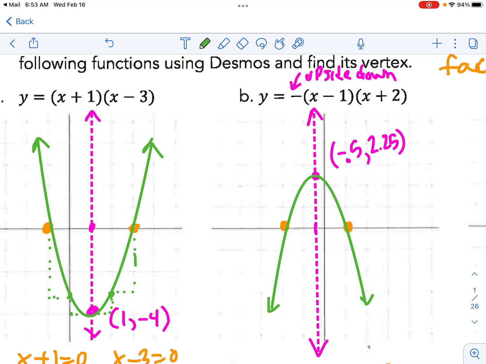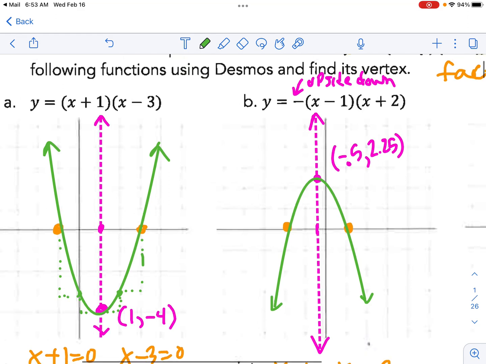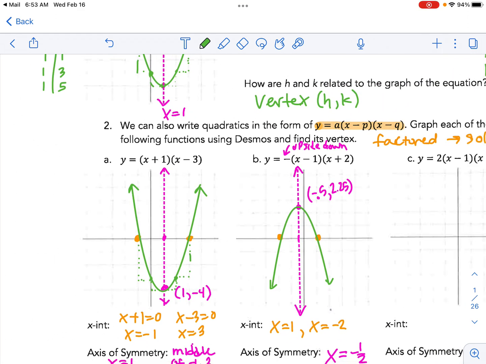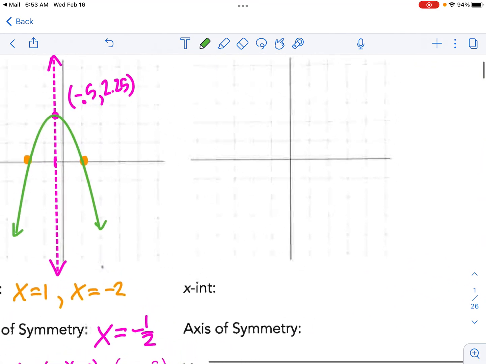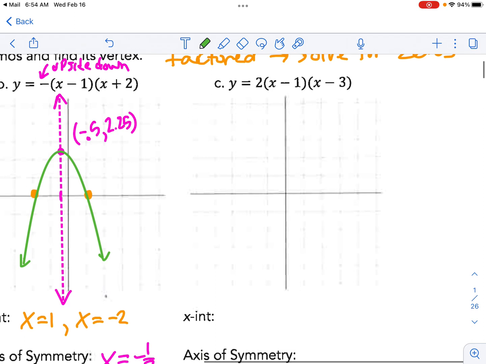So to go over 1, down 1, over 1, down 3 would be problematic. So this is the advantage to using this factored form, that we don't really need that movement table.